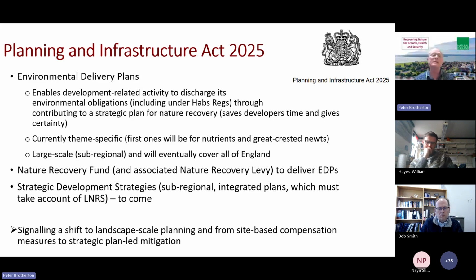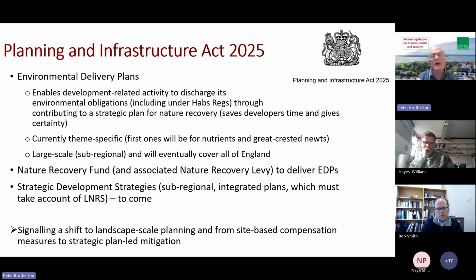to create environmental delivery plans. These are plans that enable development-related activity. So a developer, for example, can discharge their environmental obligations, including some that would currently apply through the habitats regulations, which are our strongest regulations for nature, through contributing to a strategic plan for nature recovery, rather than taking account of the impact on a site-by-site basis.